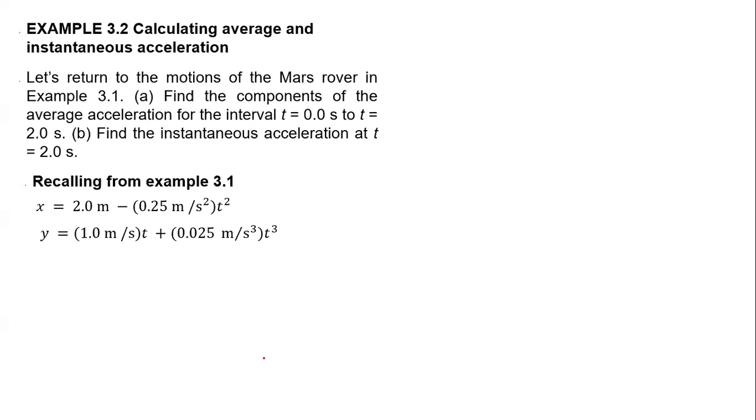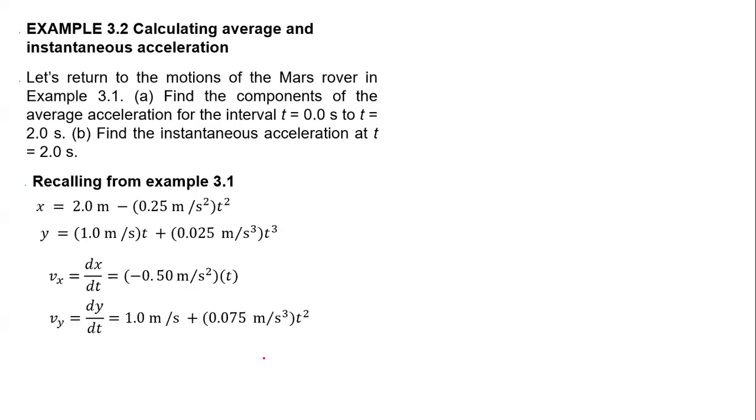Let's recall the given for example 3.1. We are given the coordinates as a function of time, and we already calculated the velocity, the dx dt and the dy dt, in our example 3.1, which is this one.